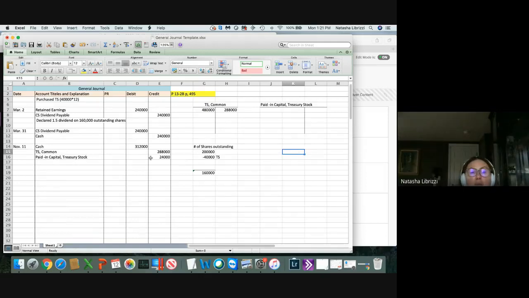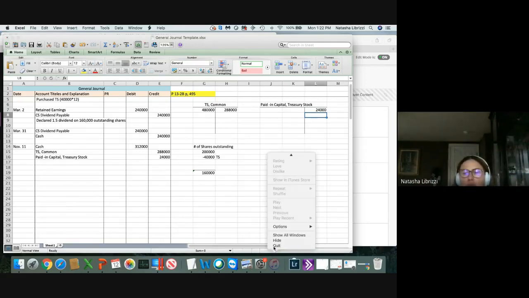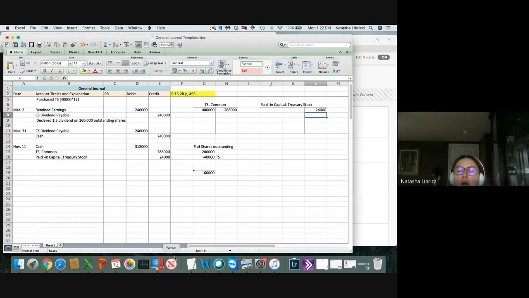So paid in capital treasury stock 24,000. So right here, I am going to post that. I'm not posting my cash because I know I don't have to do financial statements later. So theoretically, you'll be posting to all of your ledger accounts. That would be true. I'm just taking accounts that I need for the purpose of this exercise.